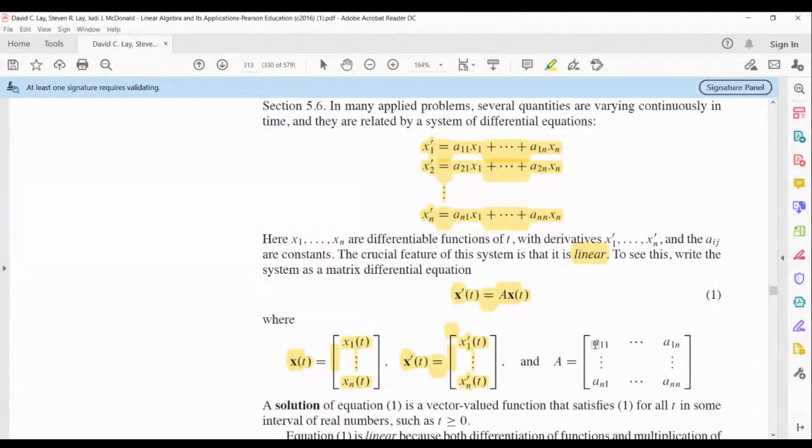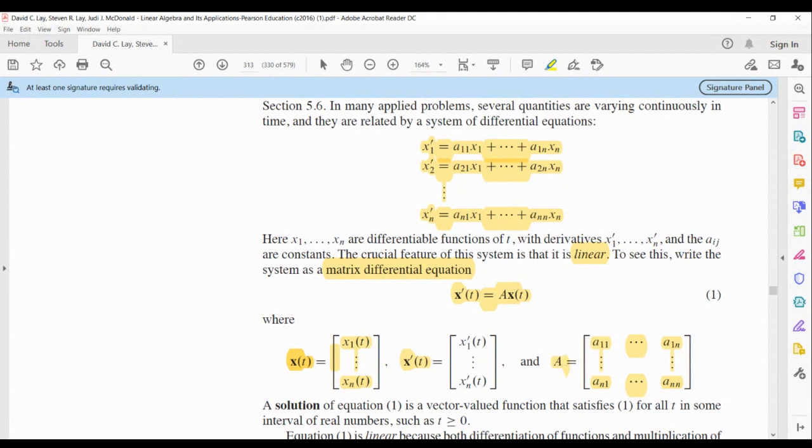And then, of course, the matrix A consists of the coefficients of your variables, x1 up to xn. So you can represent this linear system by this matrix differential equation, where it's understood how x of t, x prime of t, and A are defined.